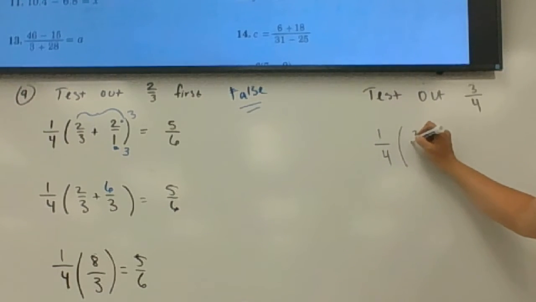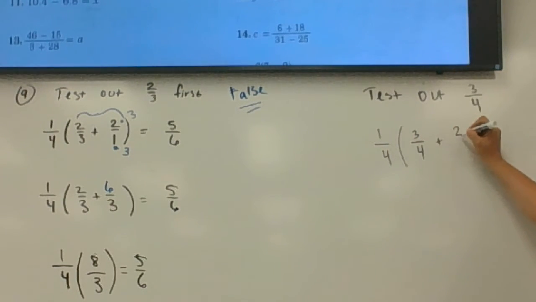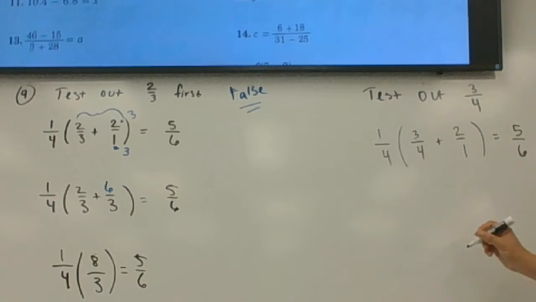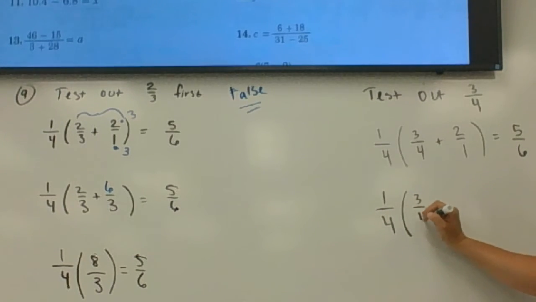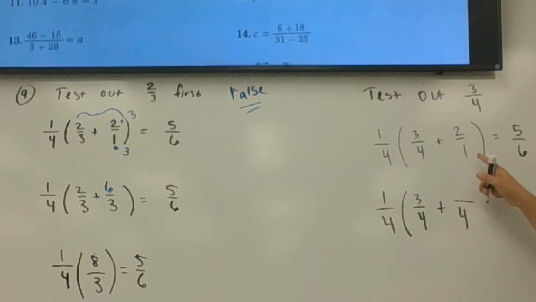1/4 times 3/4 plus 2/1. Does that equal 5/6? 1/4 times 3/4. And here I want a common denominator, so I'll multiply the top and bottom by 4.